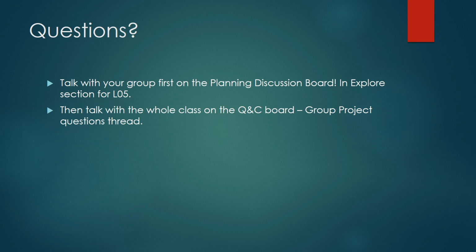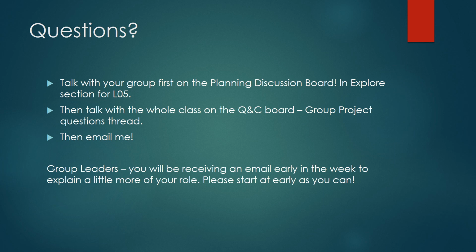There's a group project questions thread, or there are other threads. Bring your questions there, because someone else in the class may know the answer and get to it before I can. Your last resort is to email me if you're having troubles. Then please email me and I will try to help. But I hope that you have used these other avenues first.